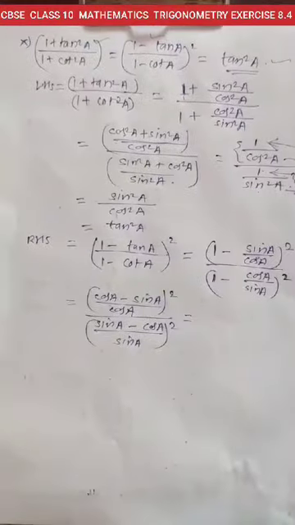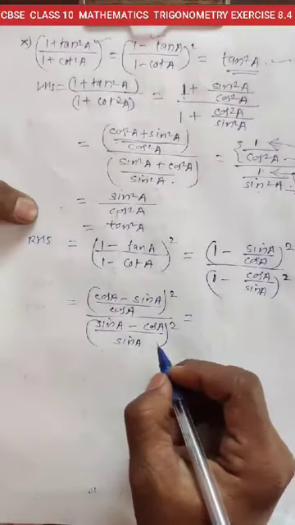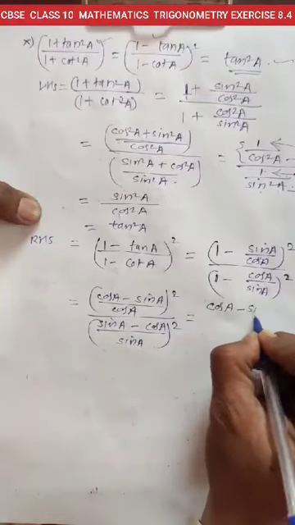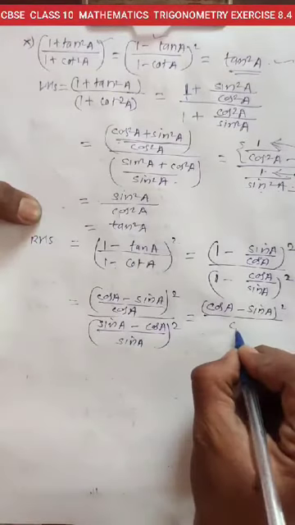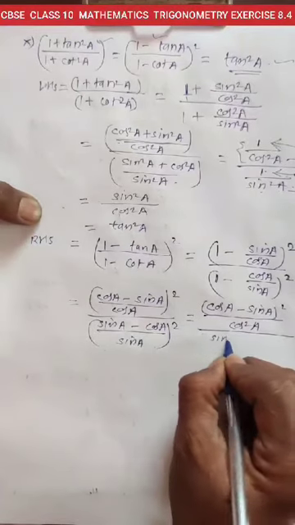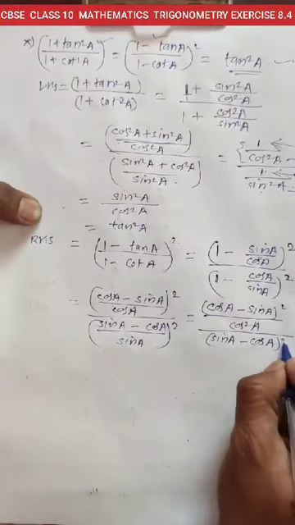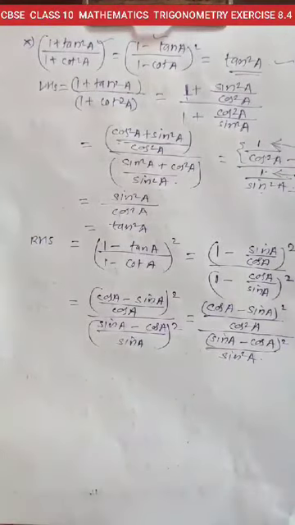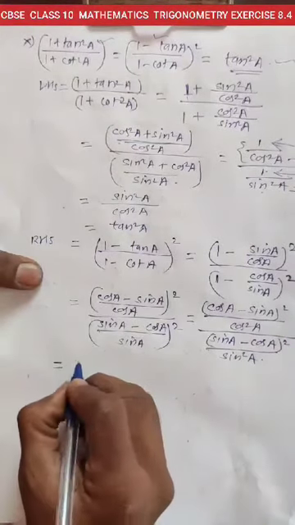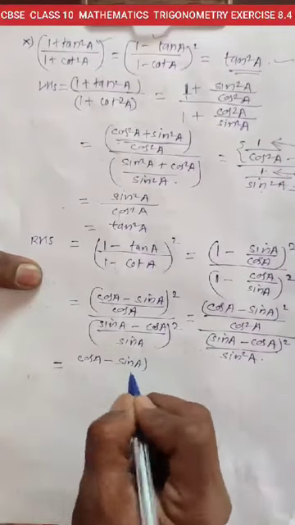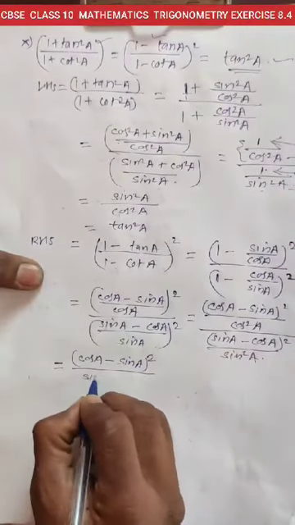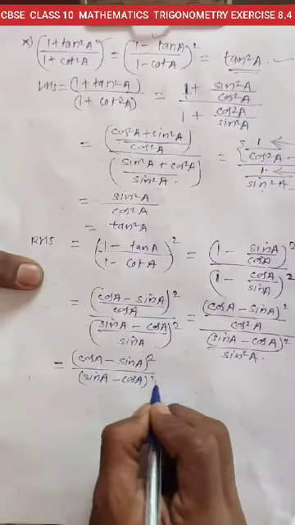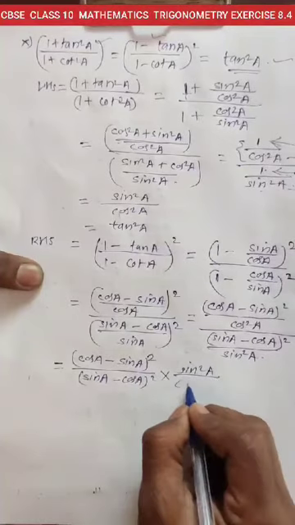So now taking the bracket as common, sin A minus cos A. So here (cos A − sin A)² separate to all the terms, and cos²A divided by (sin A − cos A)² upon sin²A. Now after writing this step we simply write in the form (cos A − sin A)² divided by (sin A − cos A)² into sin²A upon cos²A.